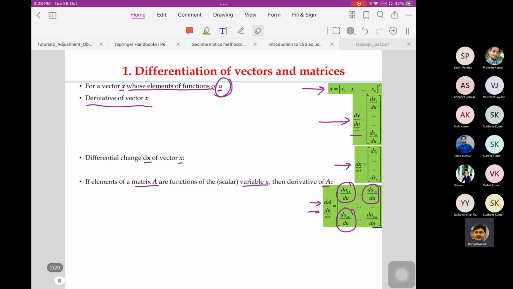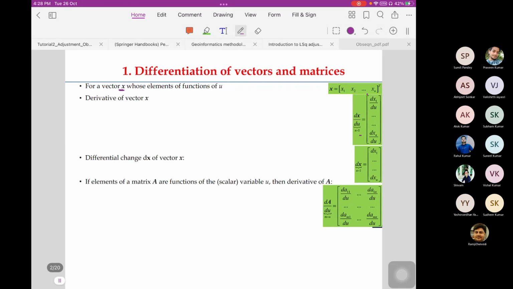Again, if you have a little difficulty, just quickly recall every single equation which is written here. For a vector x whose elements are functions of u. There's a little typo, a function of u.